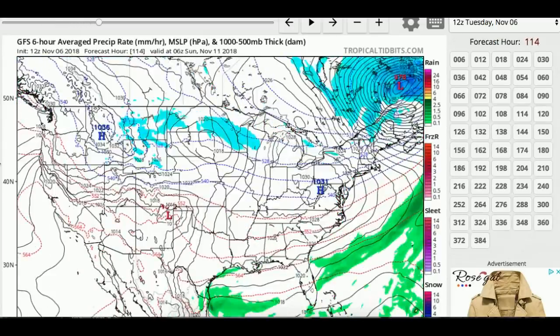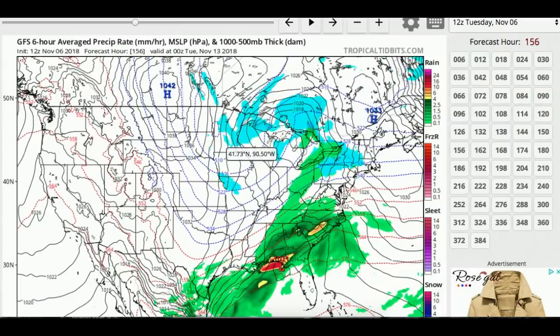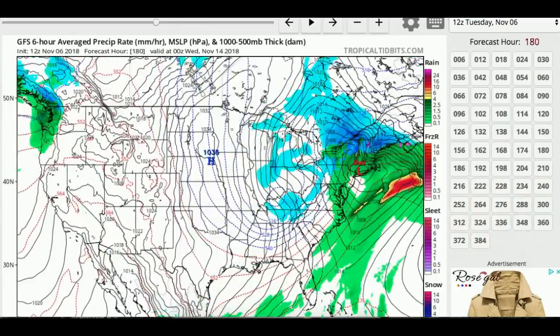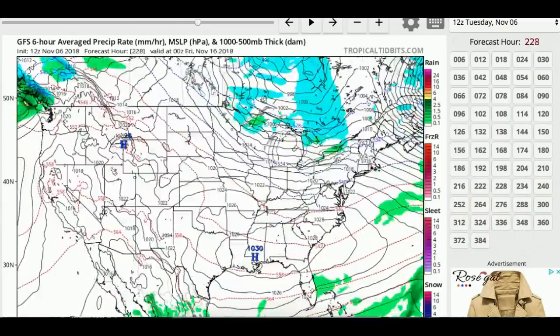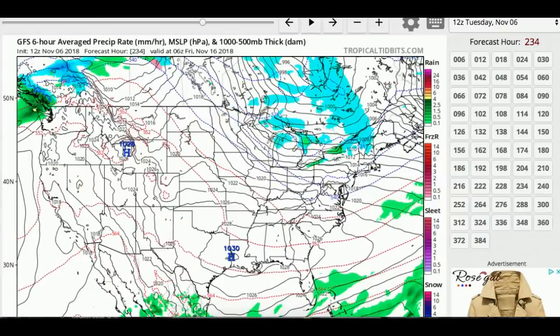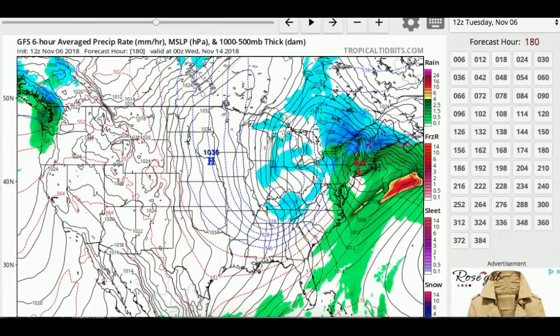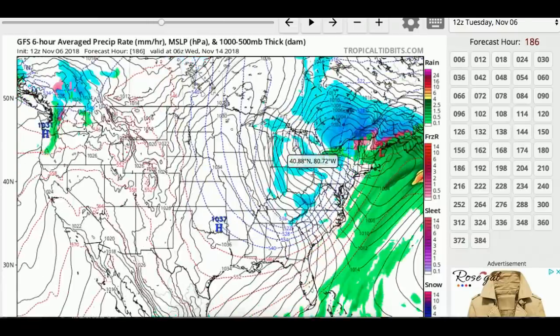And after this system, some more lake effect snow. You could see some of the amounts that will be occurring across Michigan, Lake Erie, Lake Ontario are actually fairly significant, up to a foot in some areas of lake effect. But again, you can see the GFS is showing another snowstorm that's going to be mainly impacting parts of southeastern Canada in terms of the snow aspect. A little bit more snow in terms of the upper elevations.